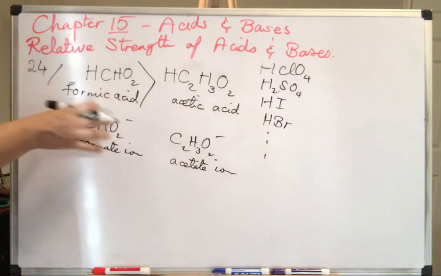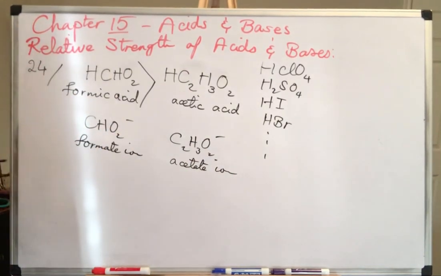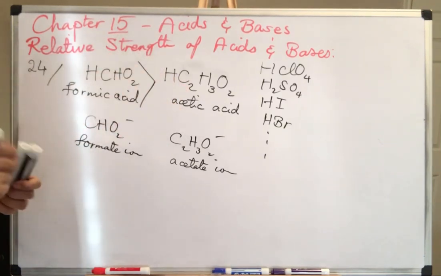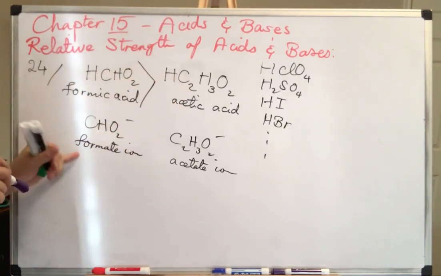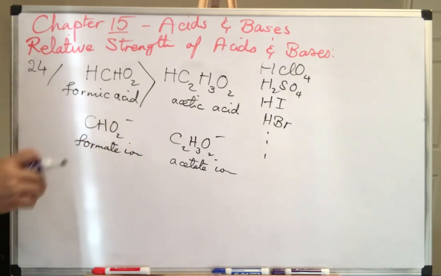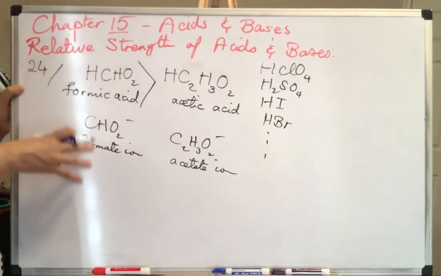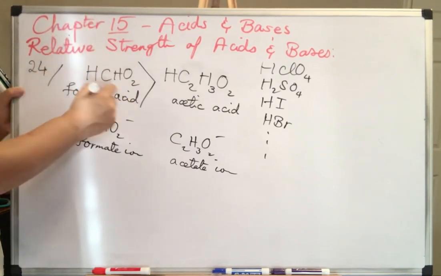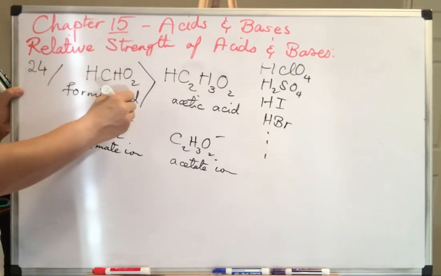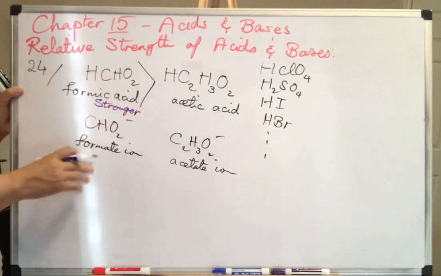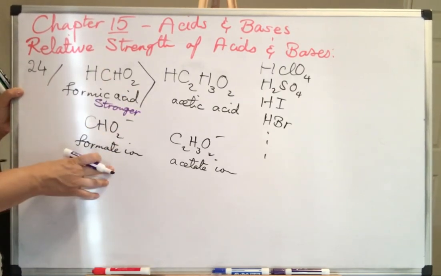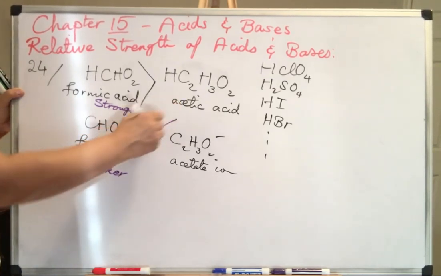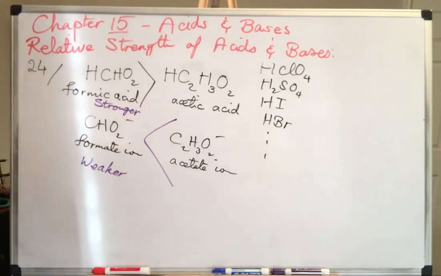So we are going to determine which one is stronger. Formic acid is stronger than acetic acid. Now, which one is stronger, formate ion or acetate ion? What we just said should be applied. If an acid is stronger, then its conjugate ion is what? Weaker. So formate ion is weaker than acetate ion.